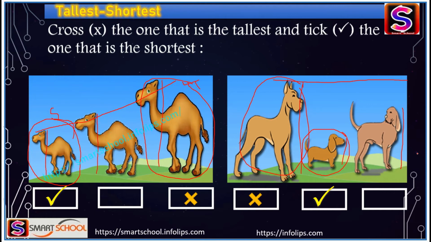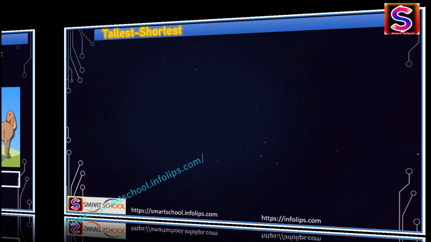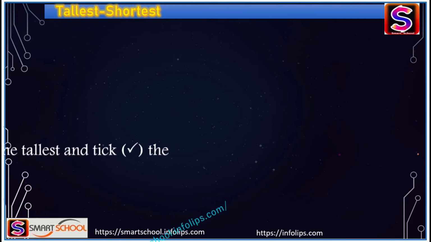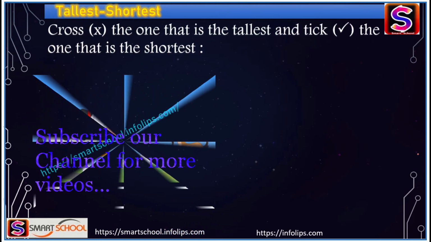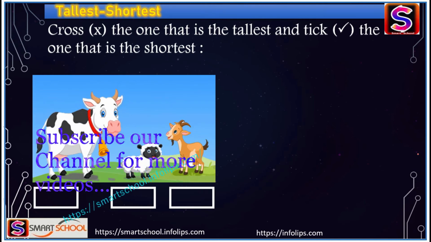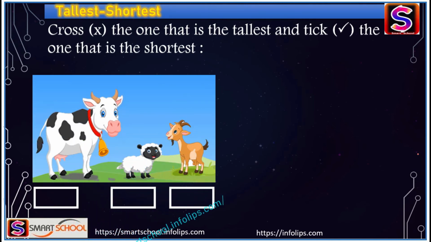Okay, let's see some more examples. See here, again cross the tallest and tick the shortest one. See, there are three animals. The first one is a cow. So the cow has this much height. The second one is a sheep, it is a lamb. So it has only this much height.